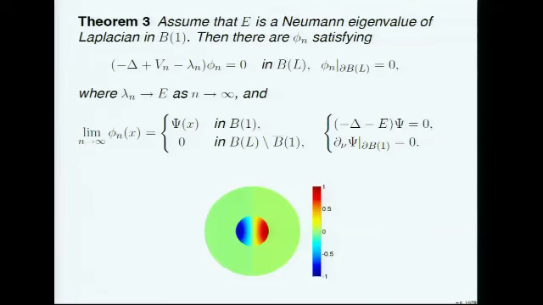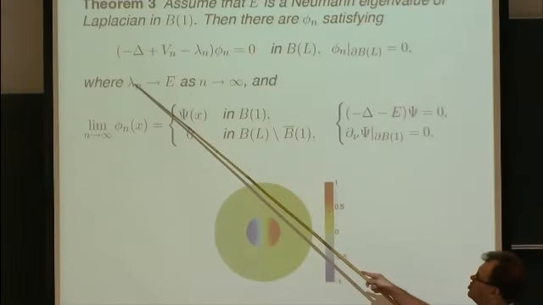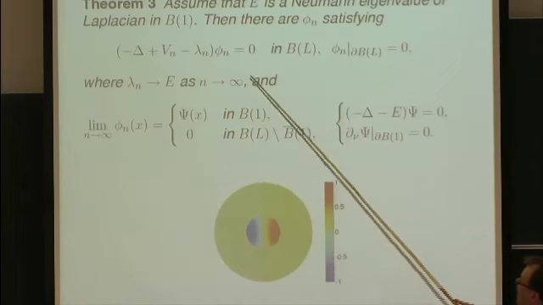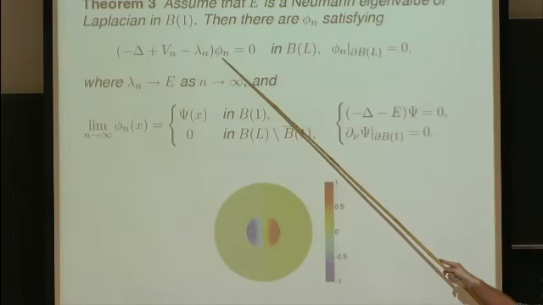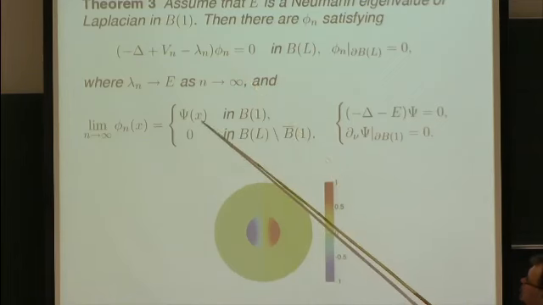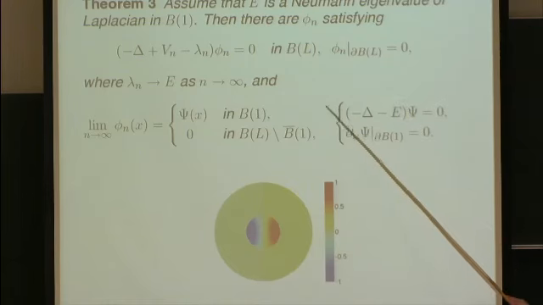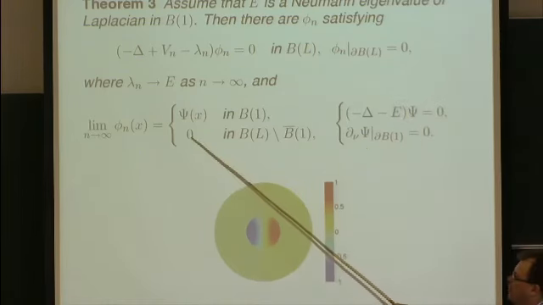We see that the eigenvalues of these equations converge to E. And if you normalize these eigenfunctions correctly, the eigenfunctions converge to a function that in the interior coincides with the Neumann eigenfunction in the interior and is 0 in the exterior.